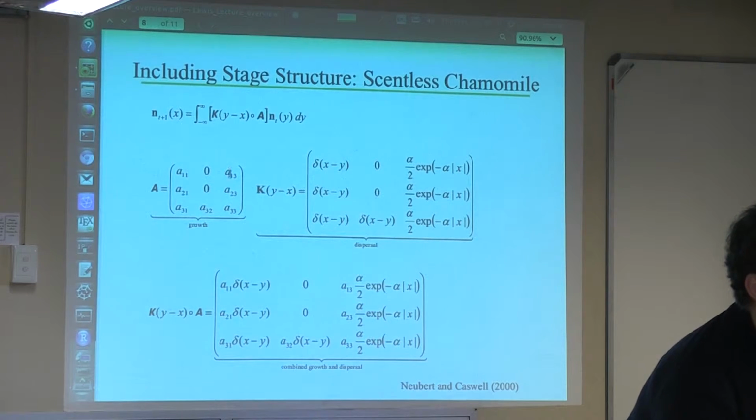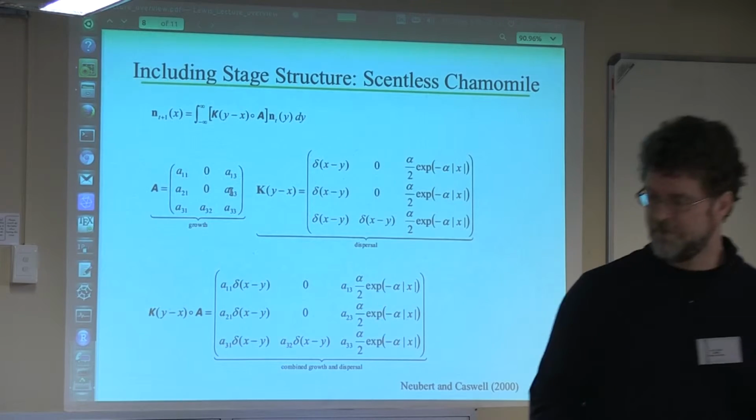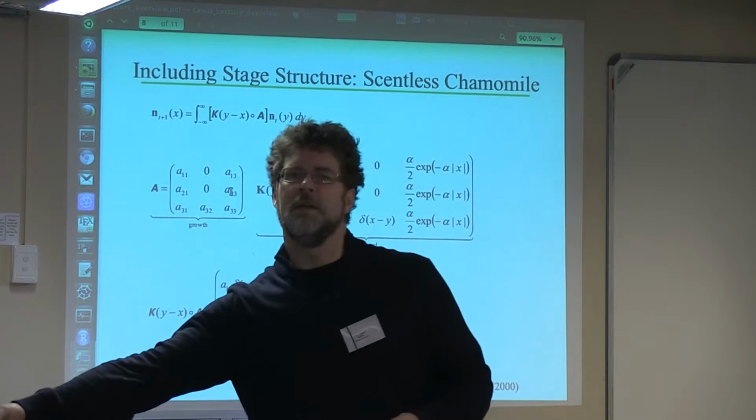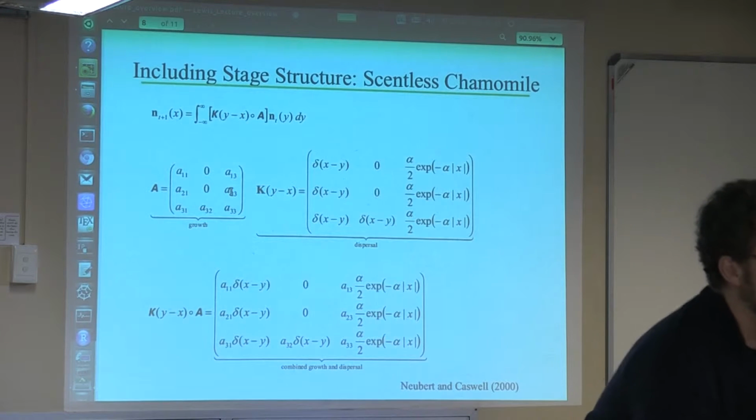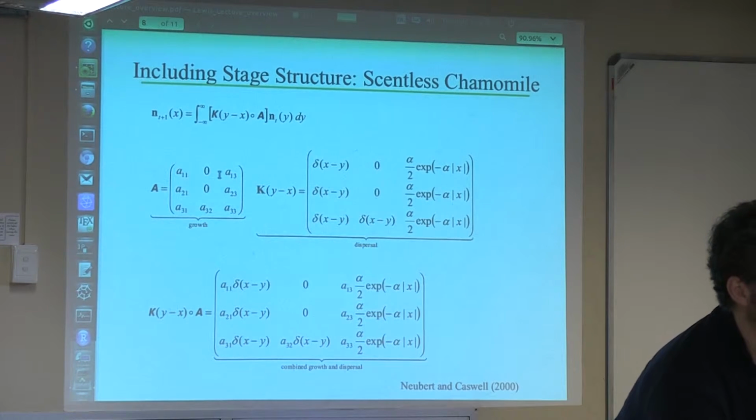And so each of these is going to move some distance from the parent plant, and that's dispersal. And so when we think about the dispersal for each of these entries, these 3 have some kind of dispersal function. And I guess each of these arguments should be y minus x. So there's a little mistake in these slides, okay?